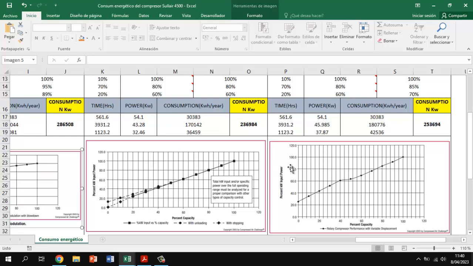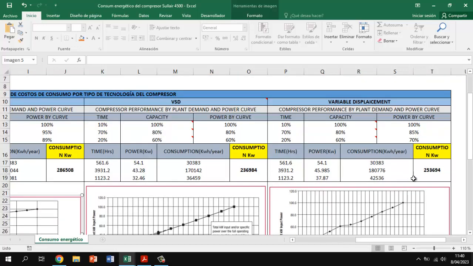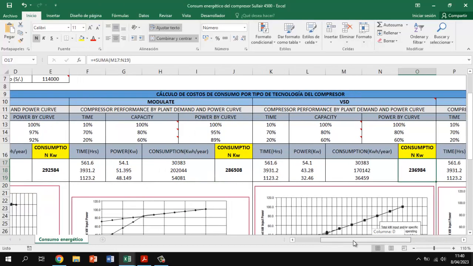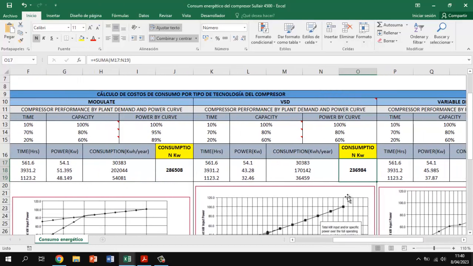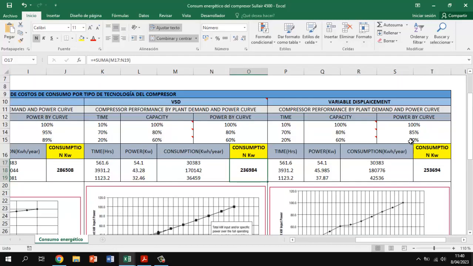All of this is different. So we are going to have different annual consumption for each type of technology. As you can see, for modulate it is 195.89. For variable speed it is 180 and 60, so it's less. And then 185 and 70 for variable displacement.